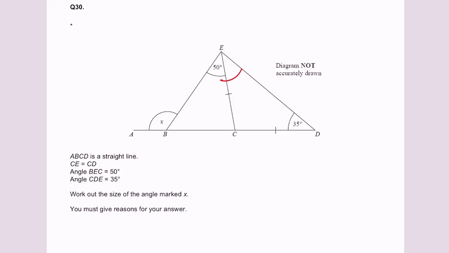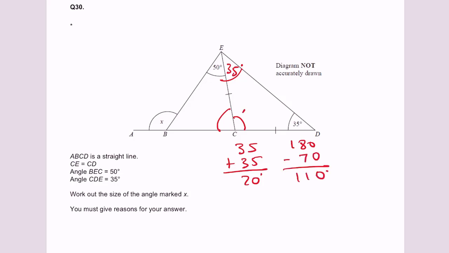So because we know this is an isosceles triangle, this triangle here, we know this is 35 as well, because the base angles in the isosceles triangle are both the same. So this is 35, this is 35, so we can find out what this angle is here. Then we can work out what this angle is later. So let's add 35, which is 70 degrees, and take away from 180, which is 110 degrees.